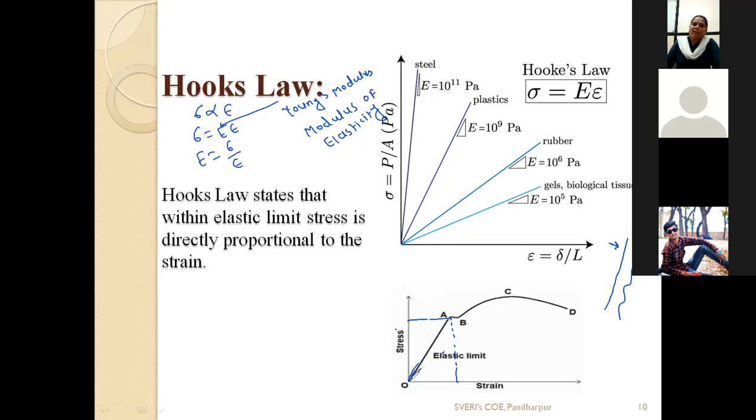See here, one equation is applied, the line equation: y equals mx plus c. If c equals 0, what remains? y equals mx. Here y means stress, m means E, and x means epsilon.